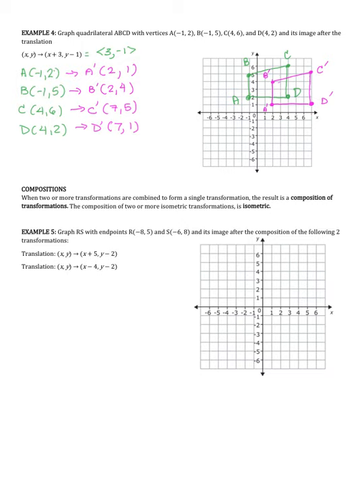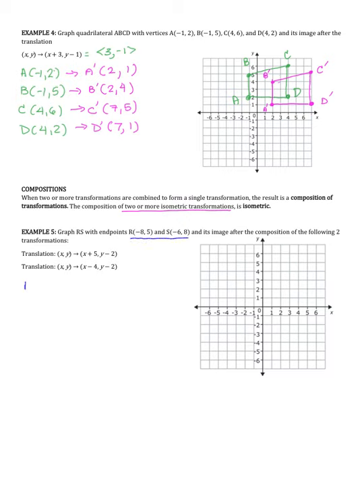Okay? Now, you can do more than one transformation, which would be called a composition of transformations. So all that means is you've done 2 or more isometric, remember, which just means rigid. You're keeping the shape of your figure. So here I have a line segment.